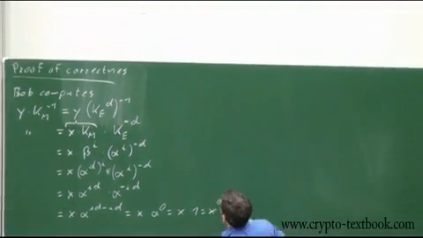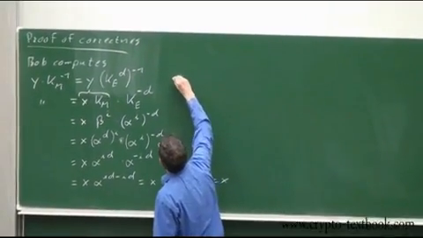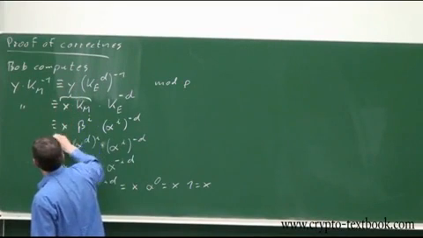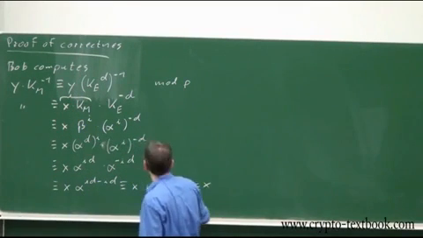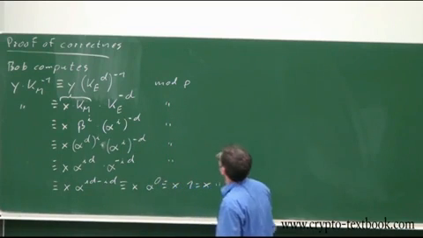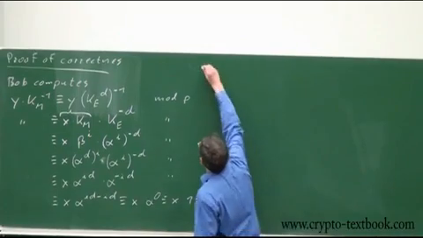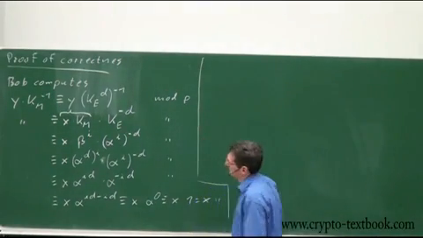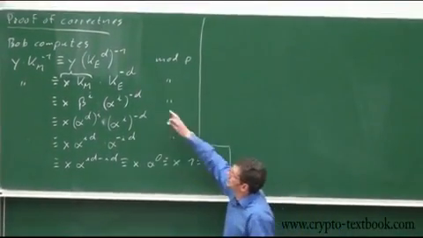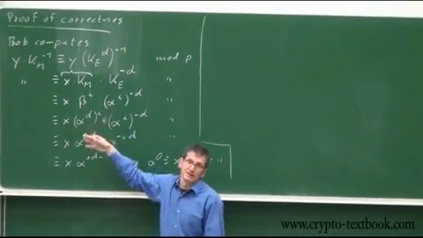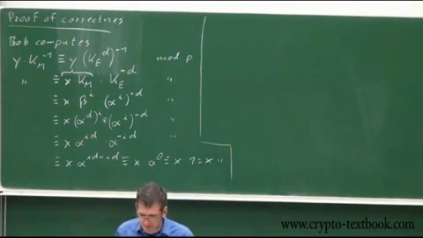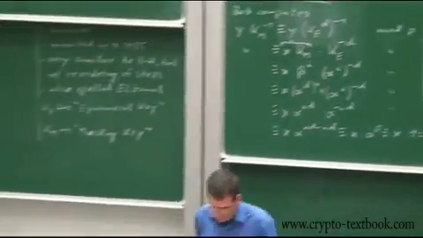Okay, and all of that is modulo p. So I should have really used the equivalence symbols here. Done. Okay. A lot of substitutions. All these steps, this is essentially showing that Diffie-Hellman works. It's the same proof of correctness that we did with Diffie-Hellman.